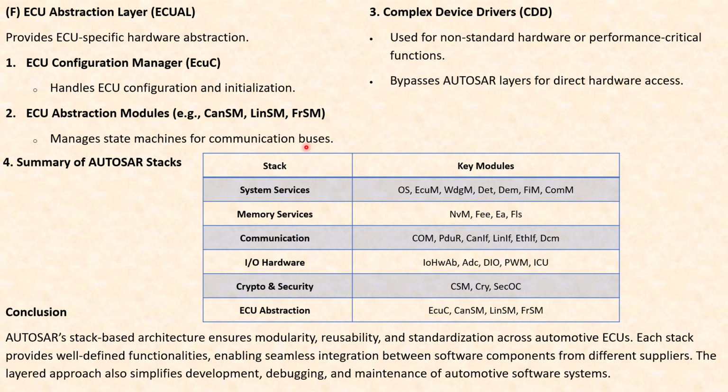So, in conclusion, the Autosar stack based architecture ensures modularity, reusability, and standardization across automotive ECUs. Each stack provides well defined functionalities enabling seamless integration between software components from different suppliers. The layered approach also simplifies development, debugging, and maintenance of automotive software systems.